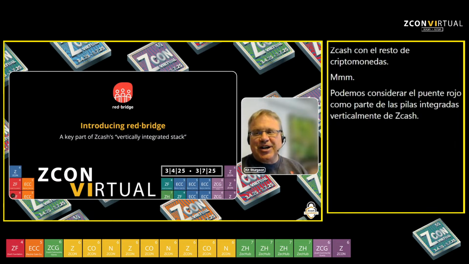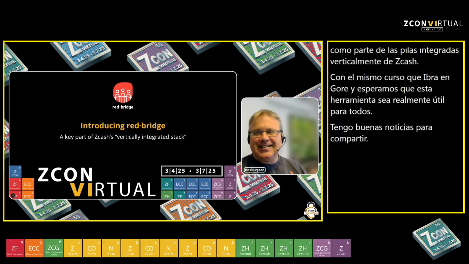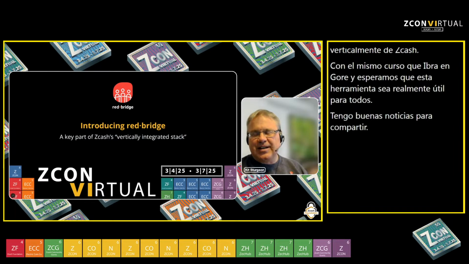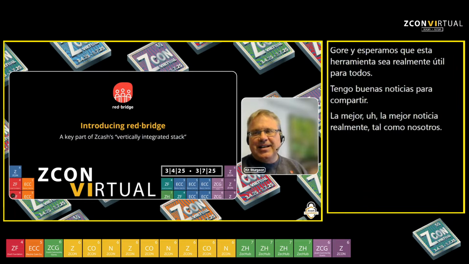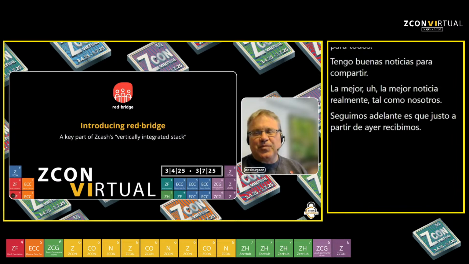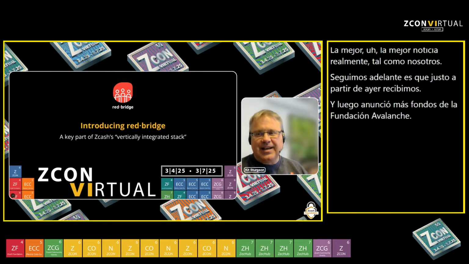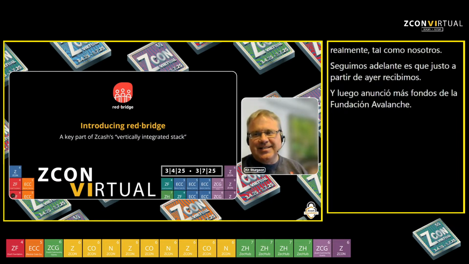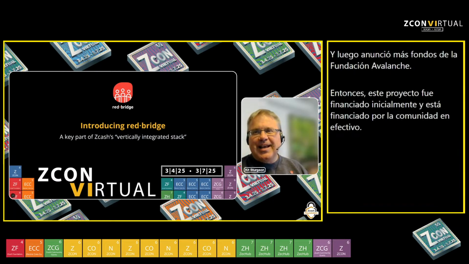Have some good news to share. The best news really as we move along is that just as of yesterday, we received and announced more funding from Avalanche Foundation. So this project has been initially funded and is funded by Zcash community grants. And there's a thread in the forum about it, which you're welcome to follow.